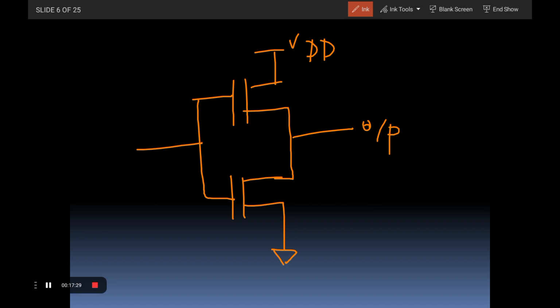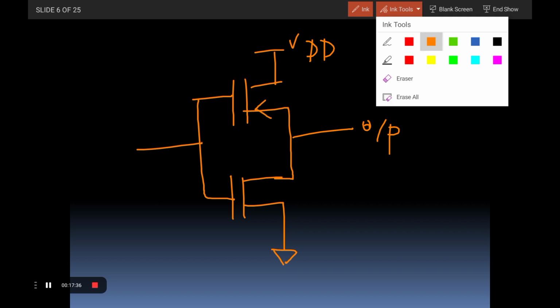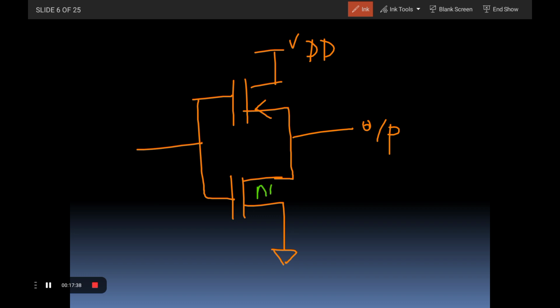So this is generally called a pMOS transistor. If you are taking the direction point of view, the other one is an nMOS. The pMOS is also called a pull-up device, and the nMOS is called a pull-down network.